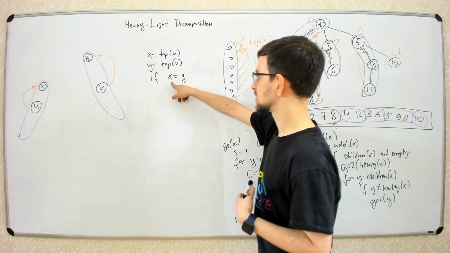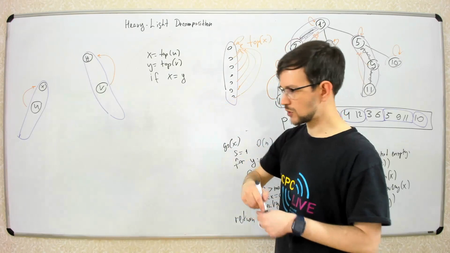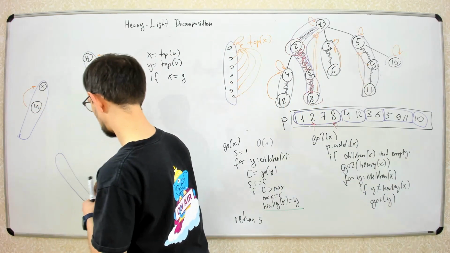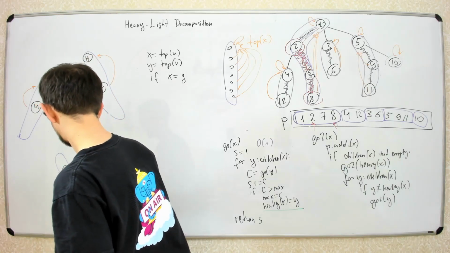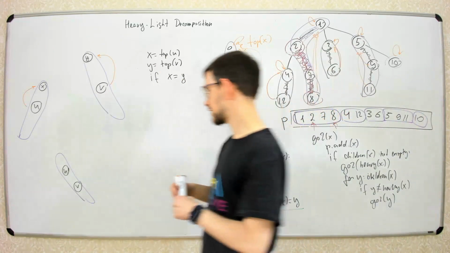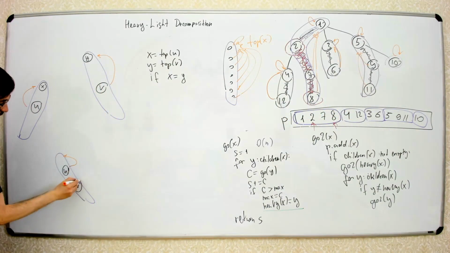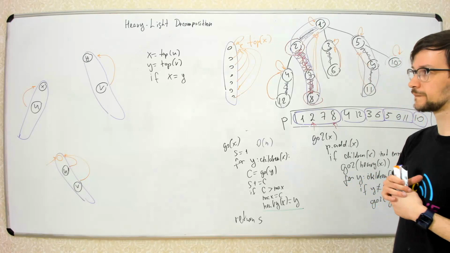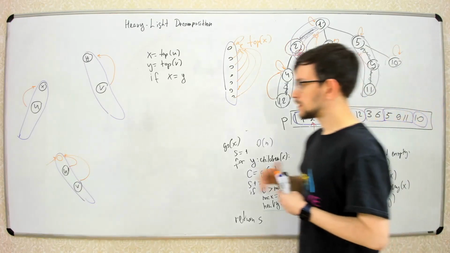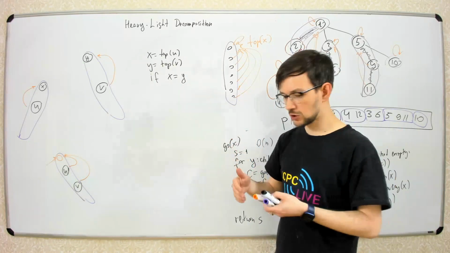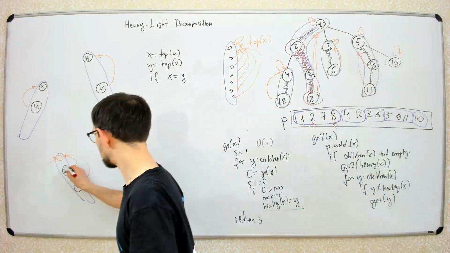So if X and Y are the same, it means that you have a situation like this. Let me write here. We have U and V somewhere here. You try to find the top node of this heavy path and go to the same node here. So this node is X equal to Y. If U and V belong to the same heavy path, then you just calculate the sum on this segment.